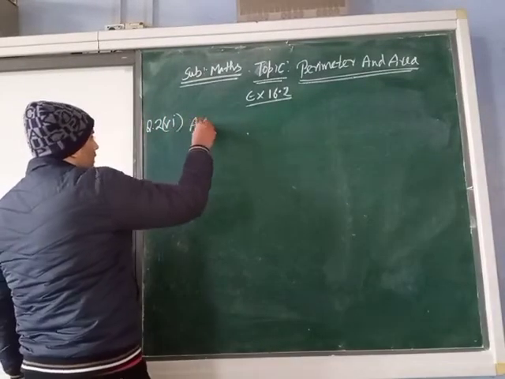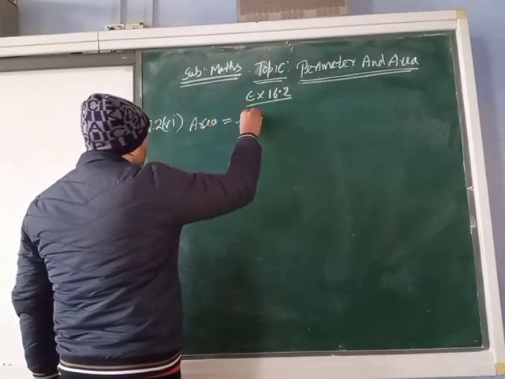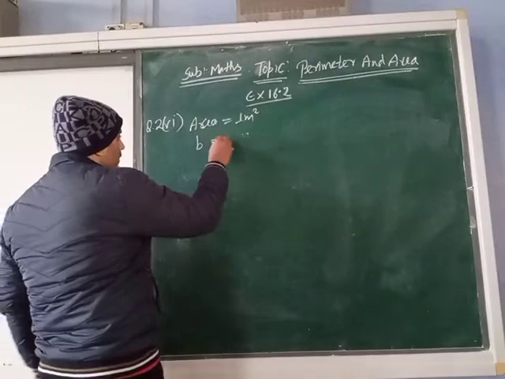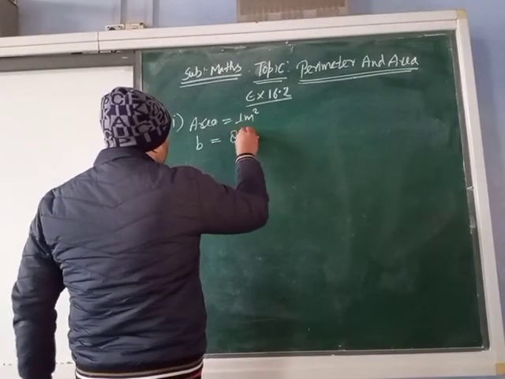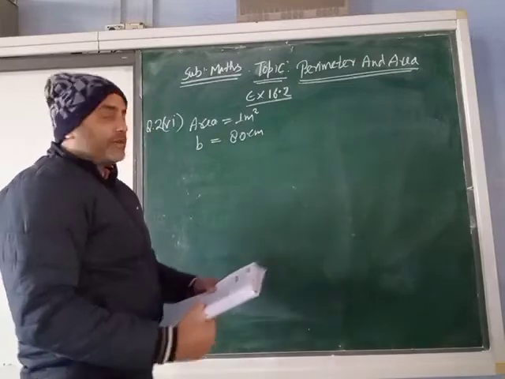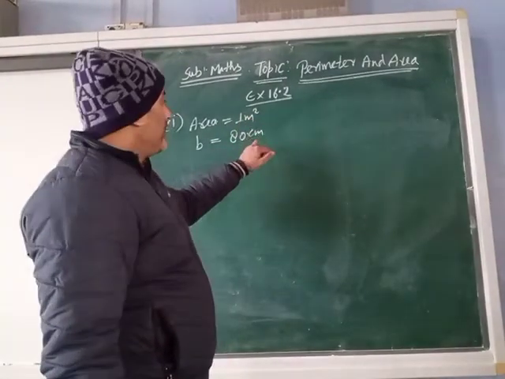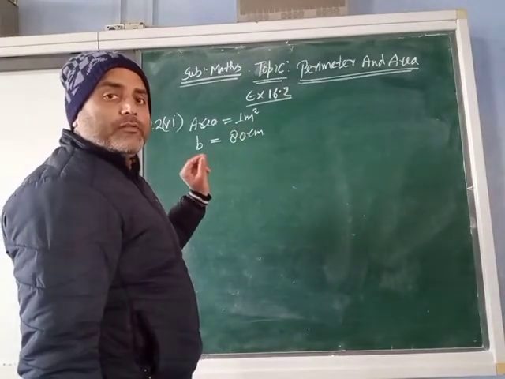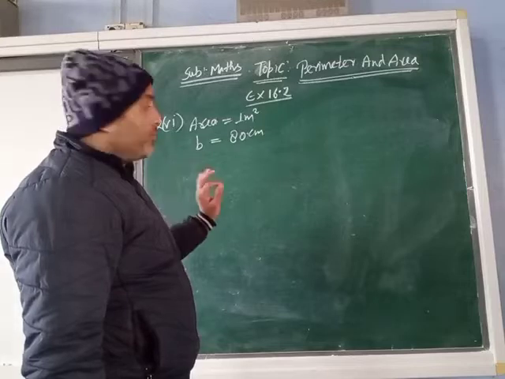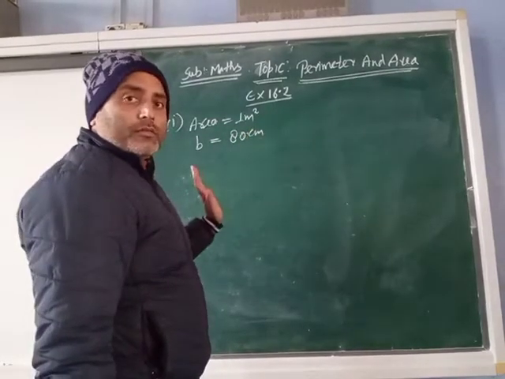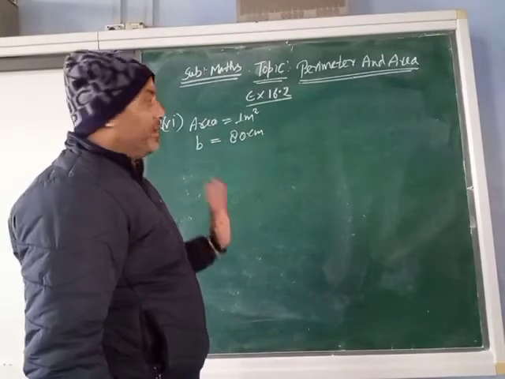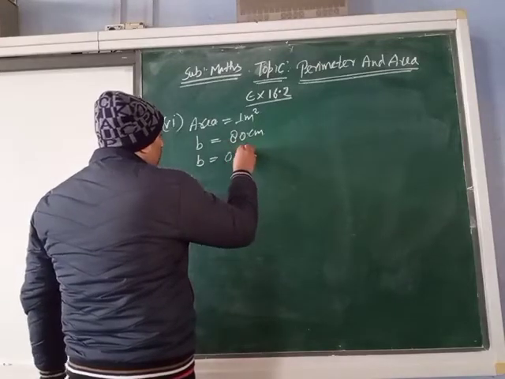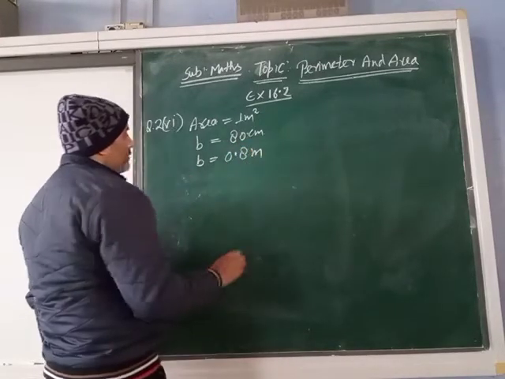First of all, write down the area, 1 meter square, and its breadth B, that is 80 centimeter. But here, this is meter square and that is in centimeter. Before solving this problem, we first have to convert all units to the same: both in meter or both in centimeter. Now convert 80 centimeter, it should be 0.8 meter.